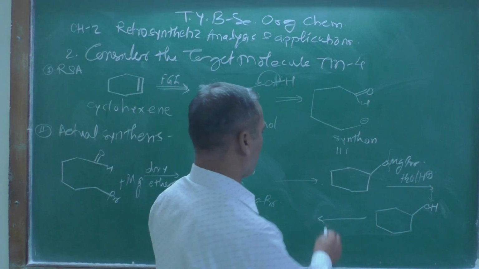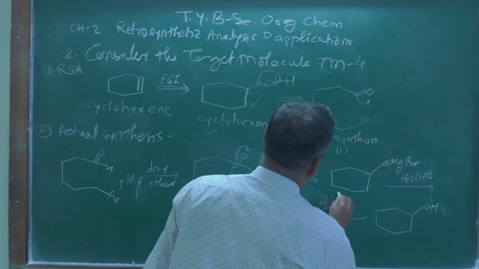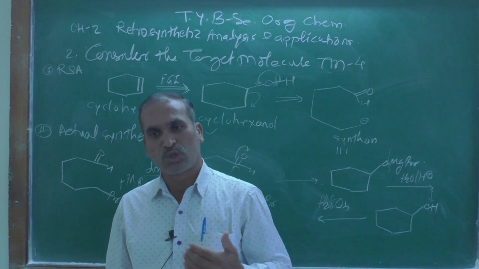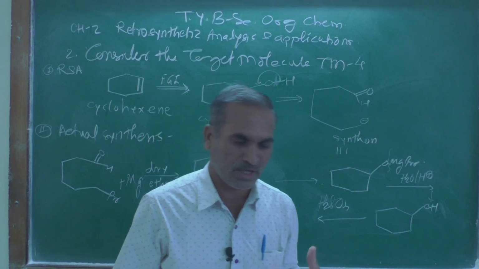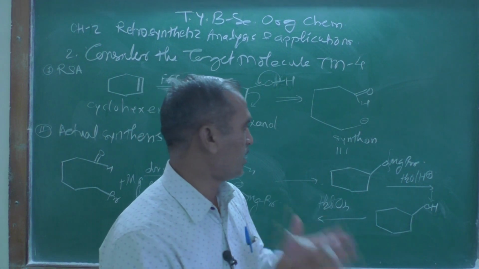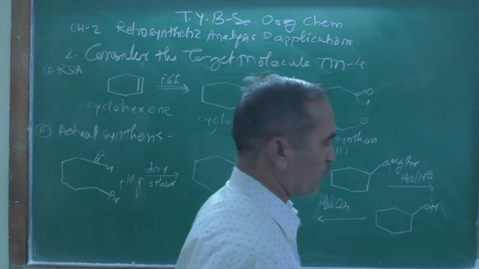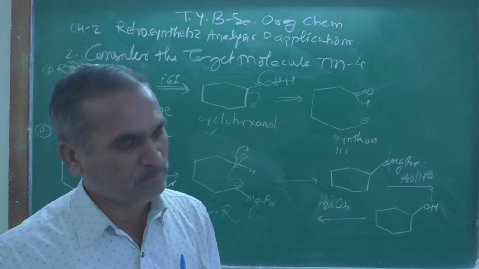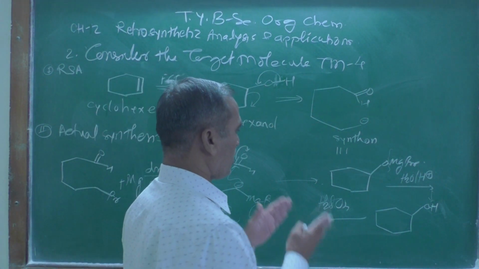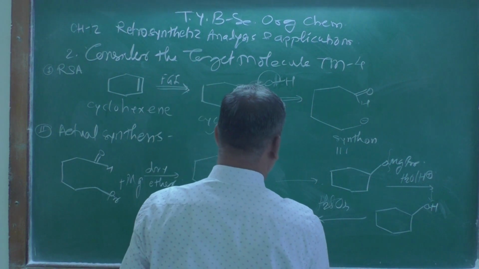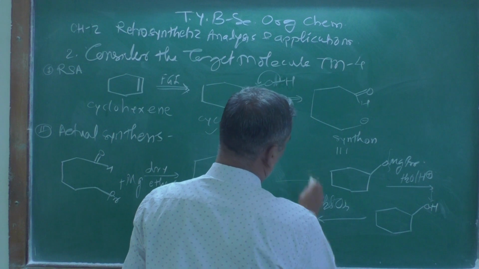If you use H2SO4, which is a dehydrating agent, or Al2O3, aluminum oxide, which is also a dehydrating agent, they can remove the water molecule from the substrate or reactant, and the resulting product will be the target molecule.